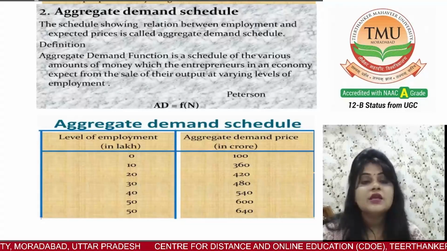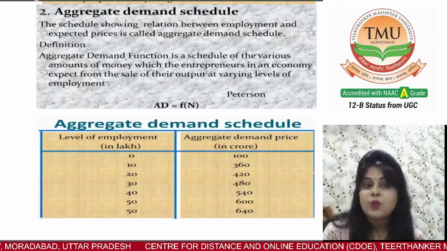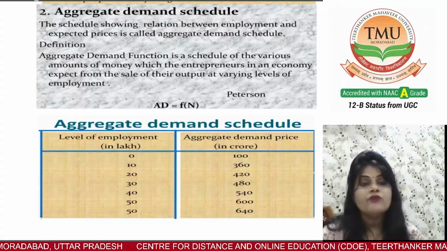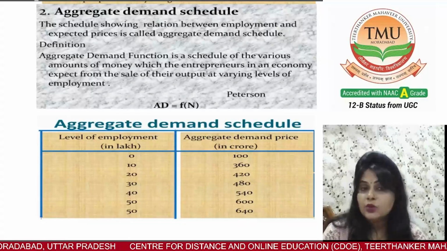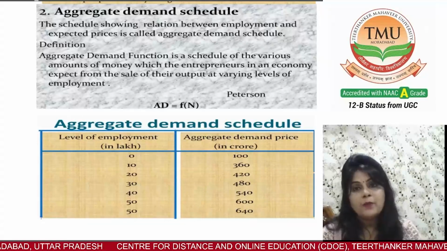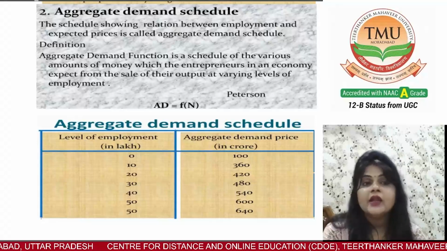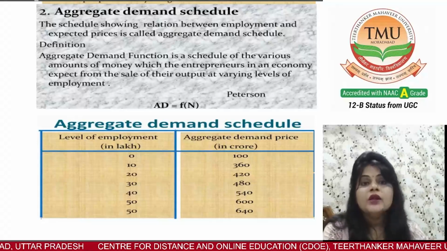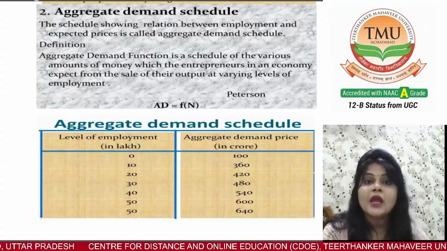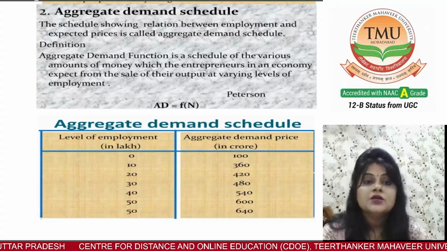In other words, it refers to the expected revenue from the sale of the output produced at a given level of employment, and different aggregate demand prices relate to different levels of employment, as you see in the schedule.